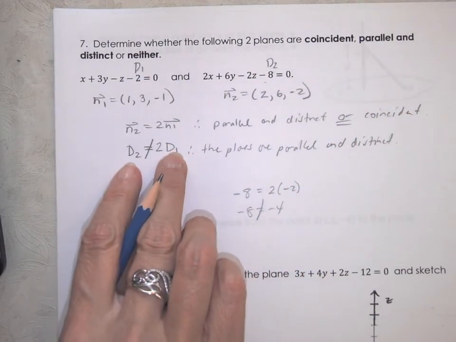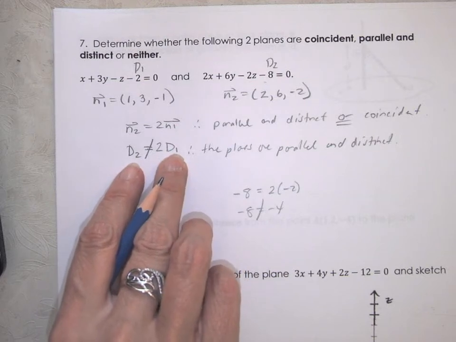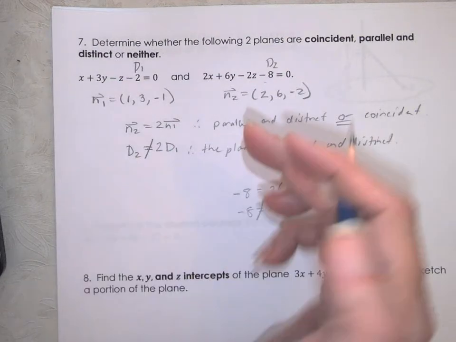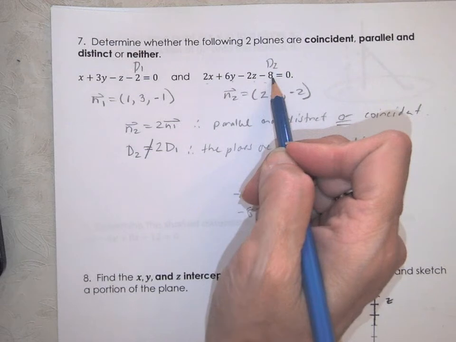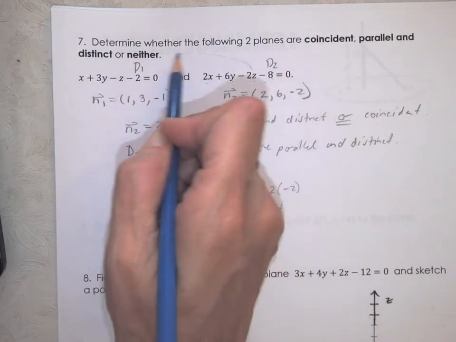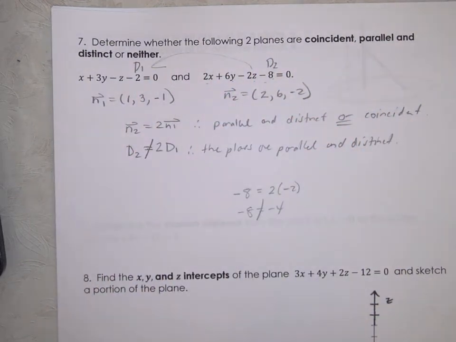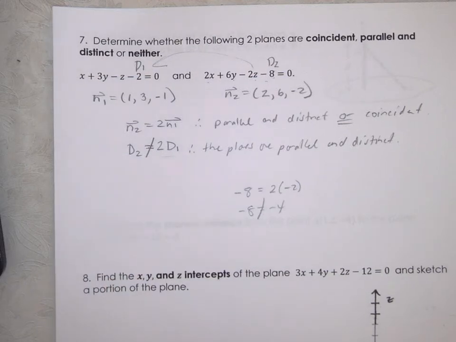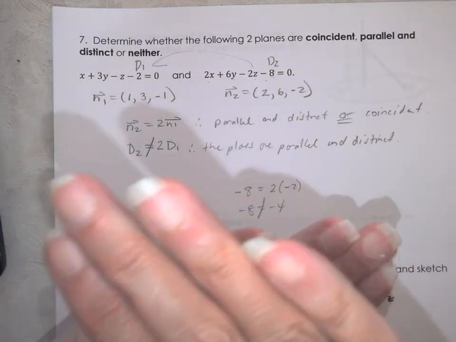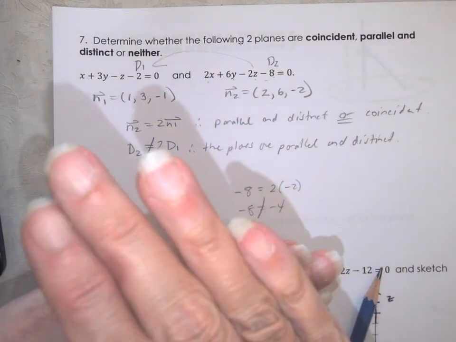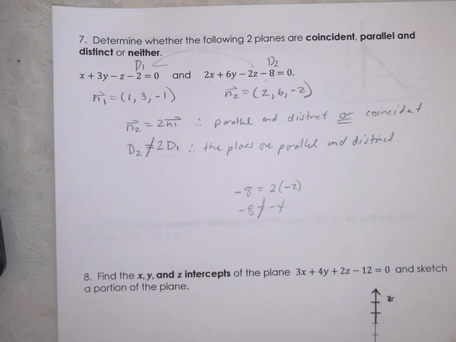If the constants were in the same scalar multiple, you could just divide everything here by 2 and you'd get this plane, which means they would be the same plane. If the d values are not in the same scalar multiple as the normals, then the planes have the same normal. They're parallel to each other, but they are distinct. They're parallel but not the same plane.